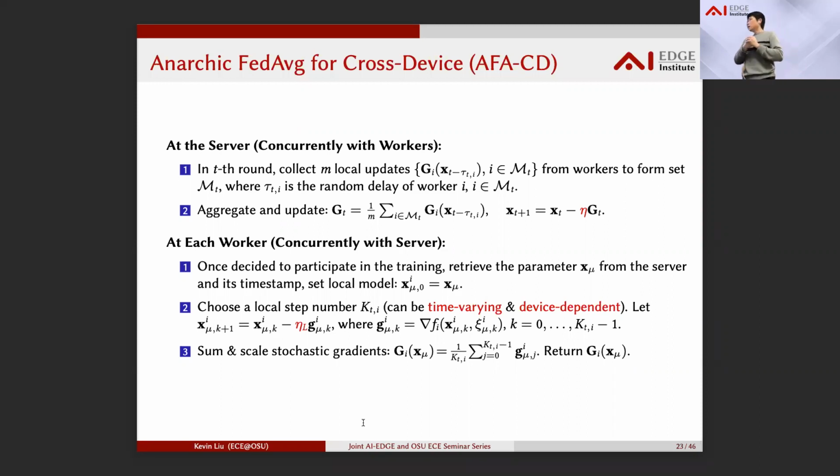Now after these K_t^i steps, you have again some kind of SGD-style update. I want to point you to here: you notice that this eta_L and this eta are different. They could be different. That's what we call two-sided learning rate. It's coming from one of our earlier papers published in ICLR.